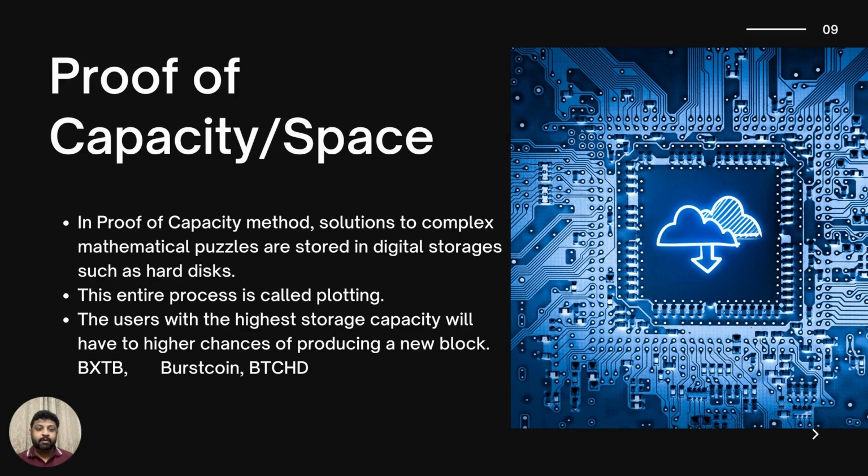Proof of capacity or space. In this method, solutions to complex mathematical puzzles are stored in digital storage such as hard disks. This entire process is called plotting. The users with the highest storage capacity will have higher chances of producing a new block.